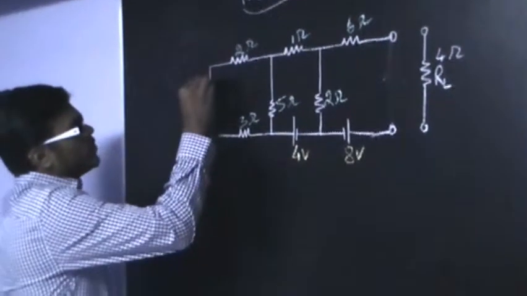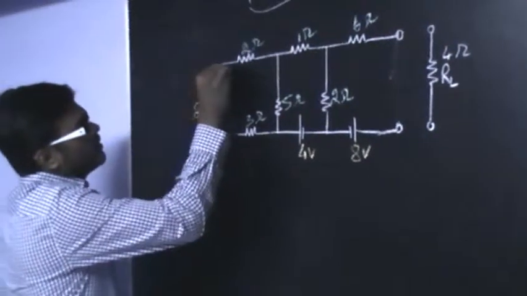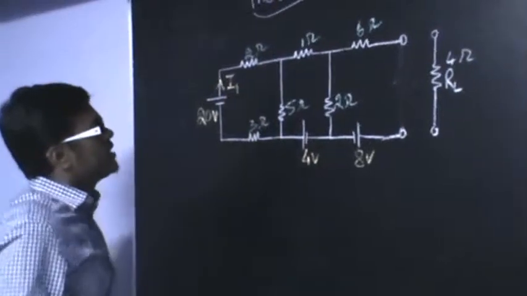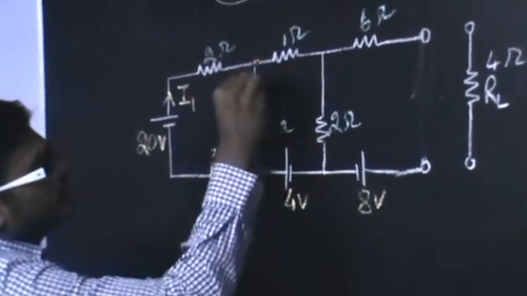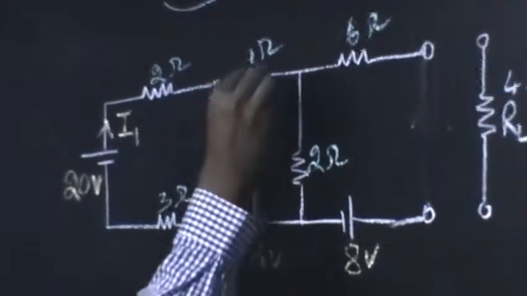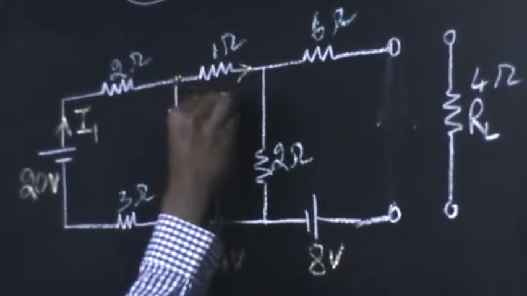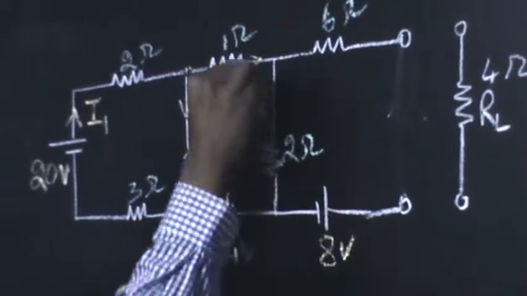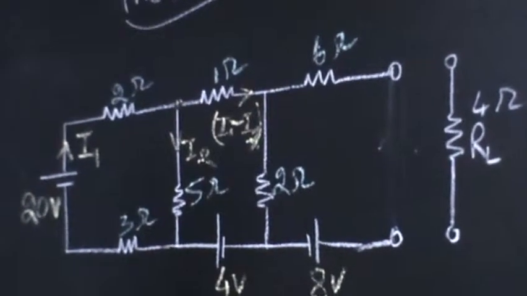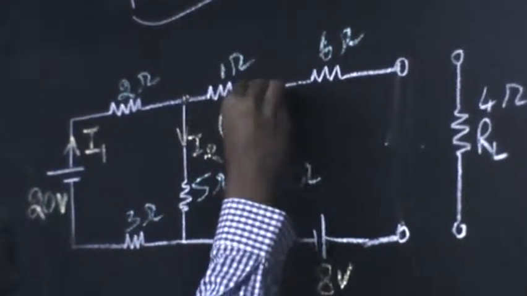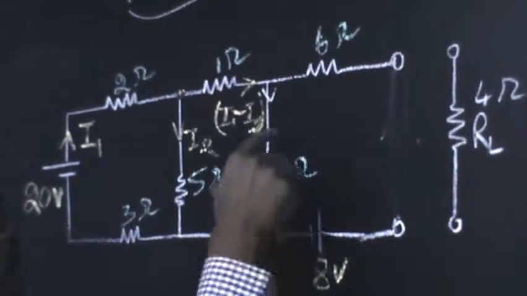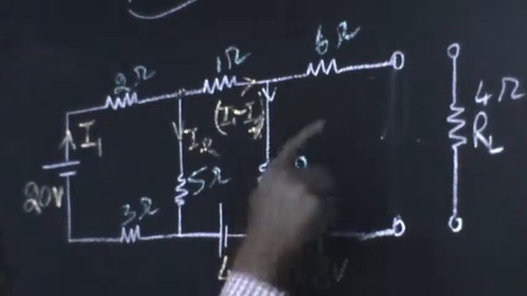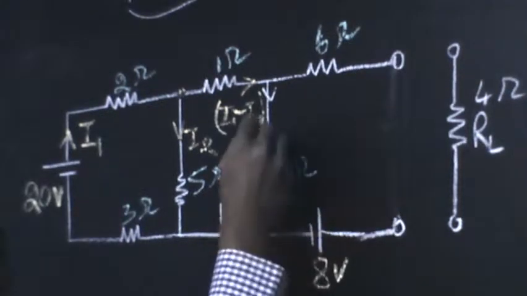Let me start from the positive terminal. Let me take I1 current as the starting current, and when it meets this branch, here I will be getting I2 current. Here the current flow will be I1 minus I2. The same current flows here through the 2 ohm resistor, because here the circuit is open.